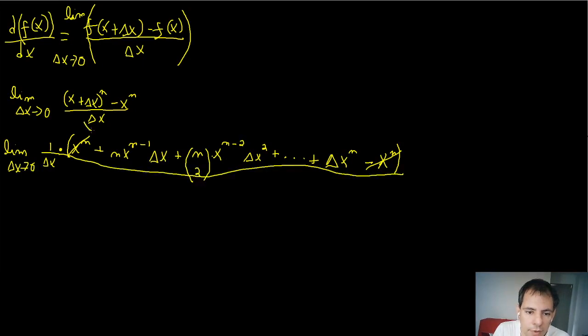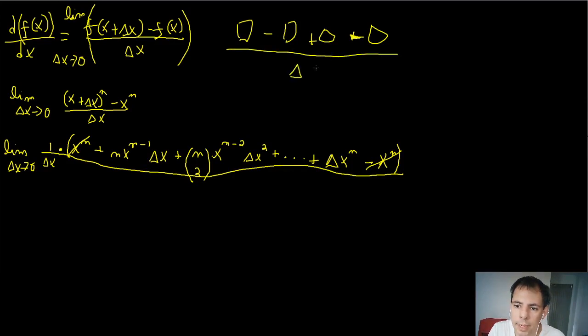Because when you have a bunch of additions and multiplications here, minus something, plus something, minus something else, and you divide this, for example, by delta x, delta x has to be present in all of these, okay? If this one here, for example, doesn't have delta x, you can't divide.